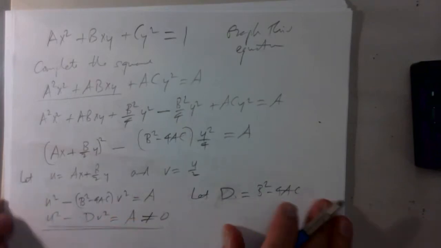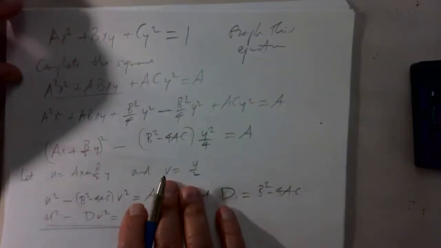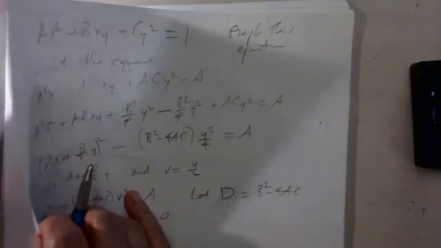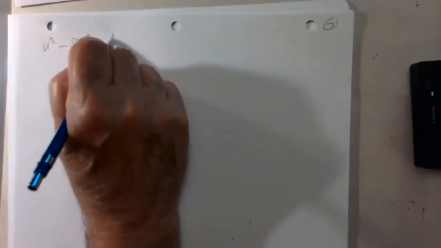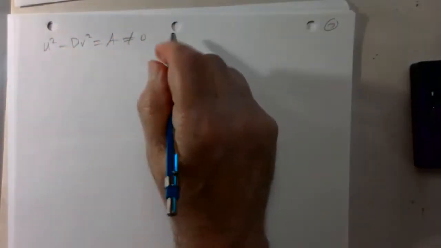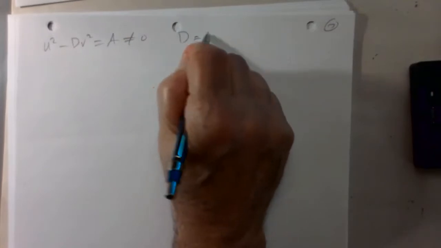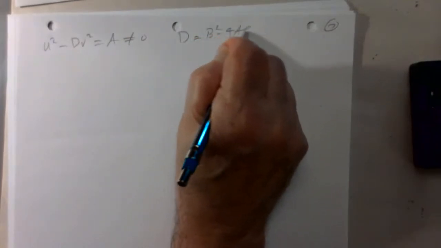I have the equation u squared minus d v squared equals something a different from 0, and d is b squared minus 4ac.